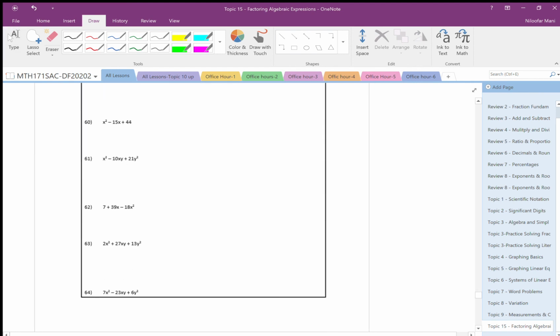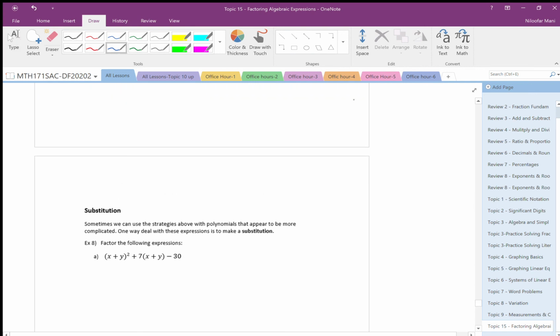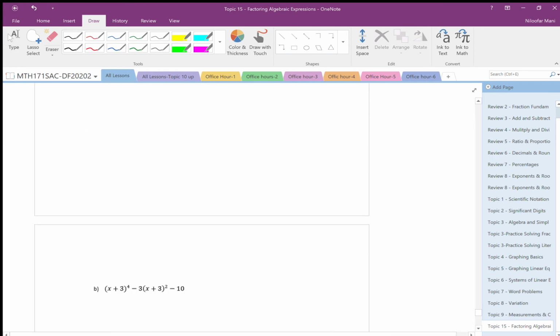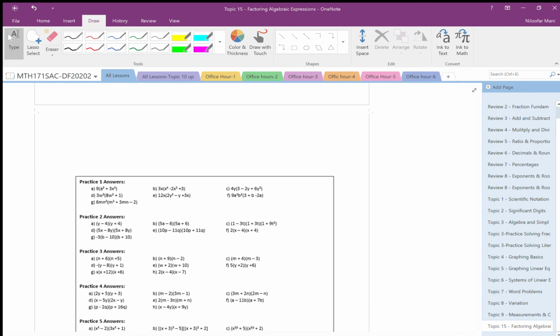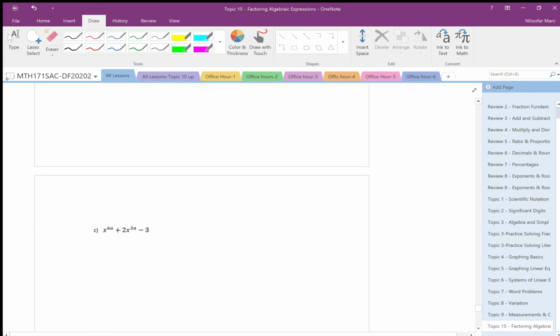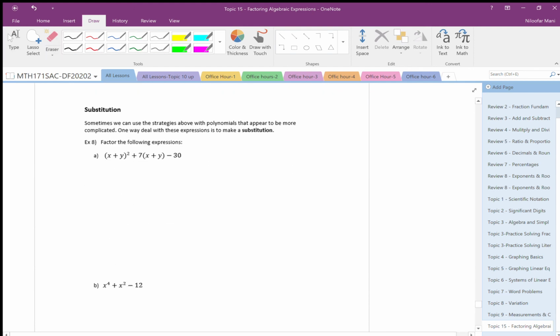Perfect. And then I do this one in the next video. So I have one page here and two and just three here. How about I just finish this in this video as well.